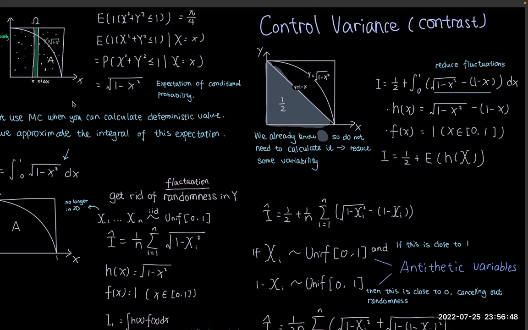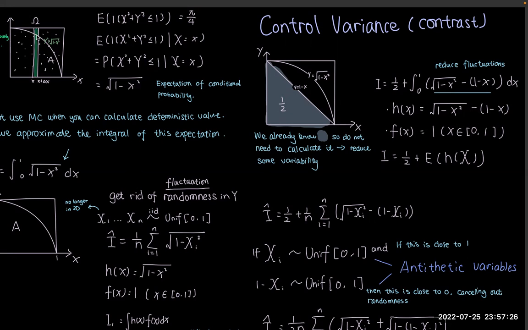And if we look at a fixed x, and suppose we look at the vertical slice from x to x plus delta x, which is infinitesimally small, and we look at how often within this vertical slice the point falls below this curve for fixed x, we know that this probability is simply the square root of 1 minus x squared, because the height here is the square root of 1 minus x squared.